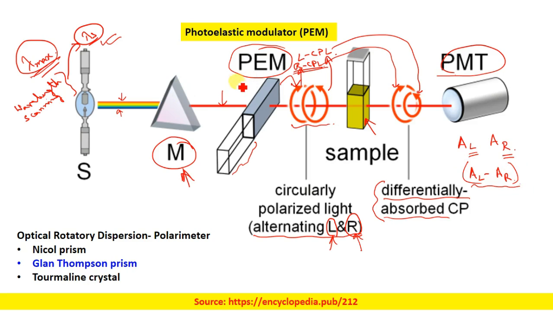Another important thing is that when you are using this photoelastic modulator, just before this there is a linear polarizer, and this linear polarizer is usually made up of nickel prism or Glan Thomson prism or tourmaline crystals. Among these, Glan Thomson prism is most commonly used.